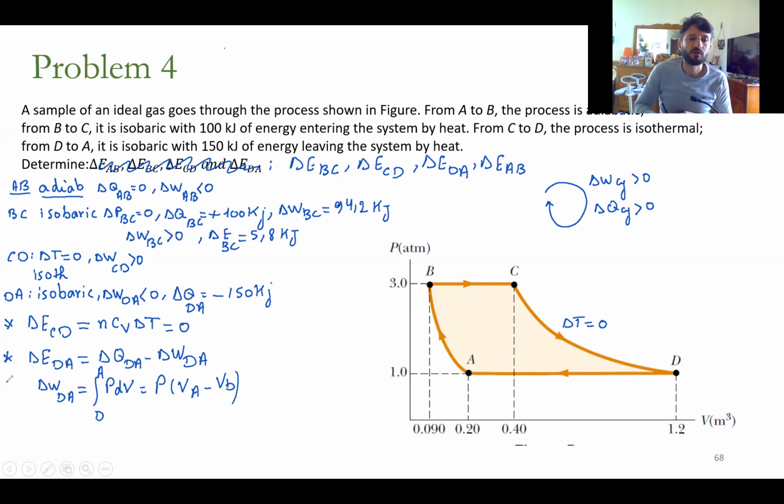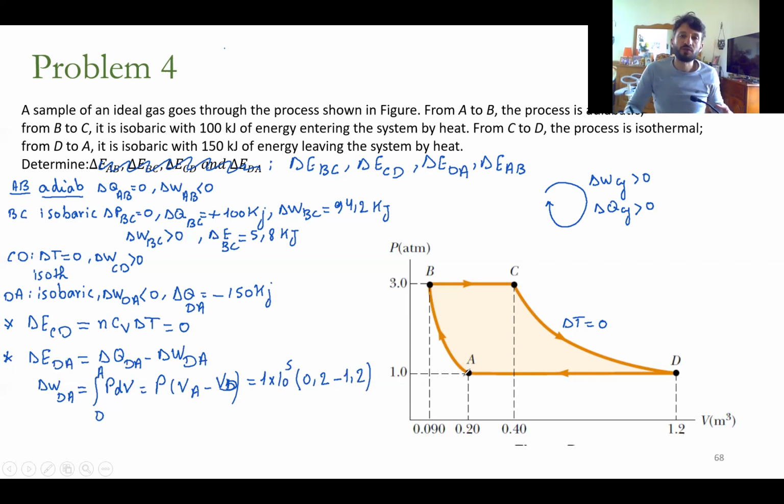Don't forget, P is constant between D and A, equal to 1.1 times 10^5 Pascal, VA equals 0.2, VD equals 1.2.